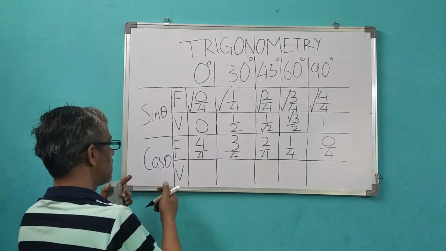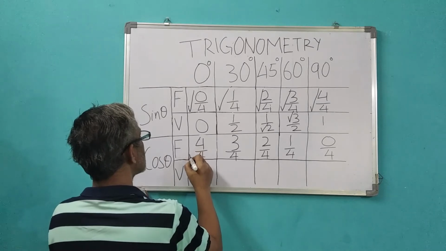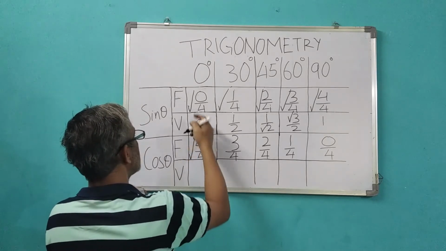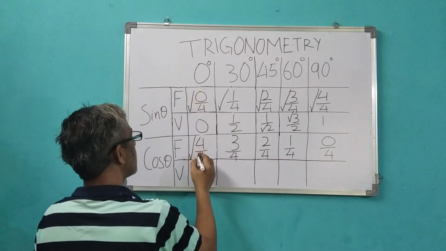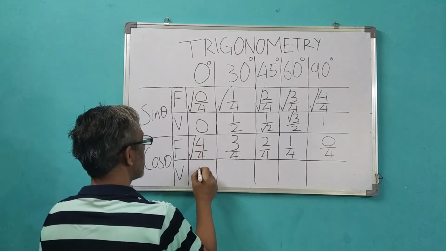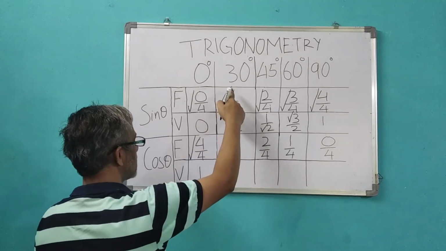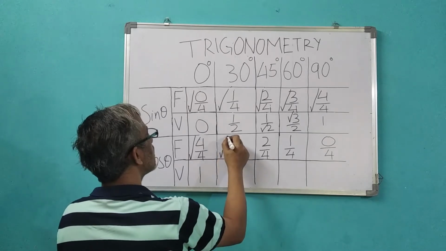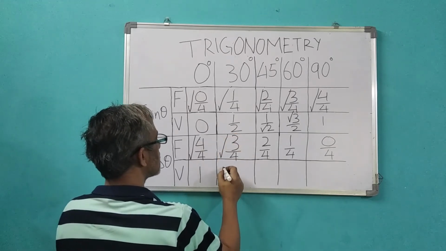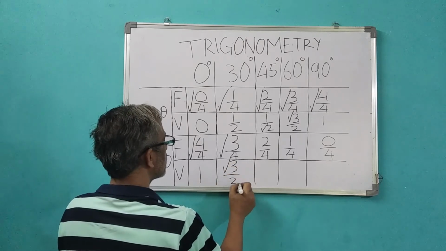And similarly for the cos theta, we will take root of all the rational numbers. So cos 0 degrees is the root of 4 by 4, that makes 1. And for cos of 30 degrees, the root of 3 by 4 is root 3 by 2.